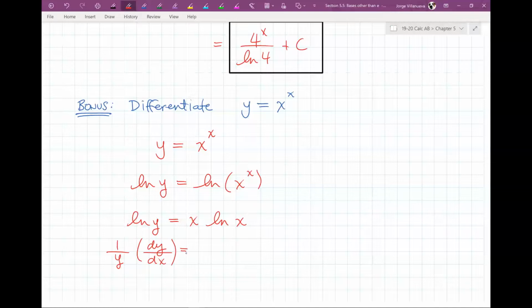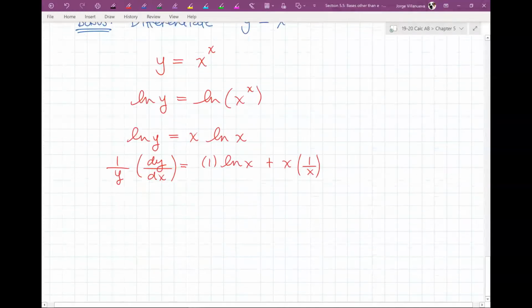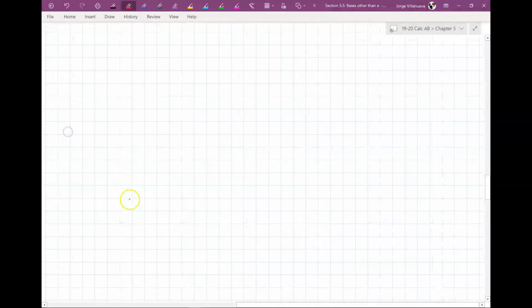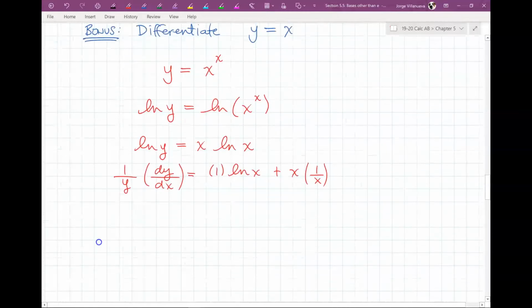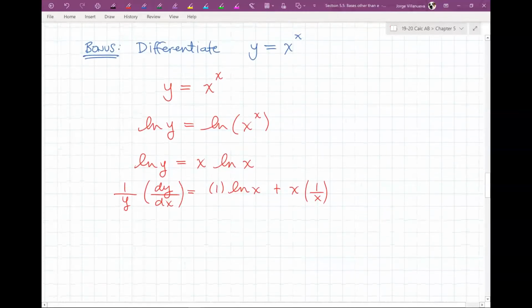On the right side, it's going to be a product rule, right? So the derivative of x is 1 times ln of x plus x times the derivative of ln of x. That's 1 over x. So, let's simplify the right side.